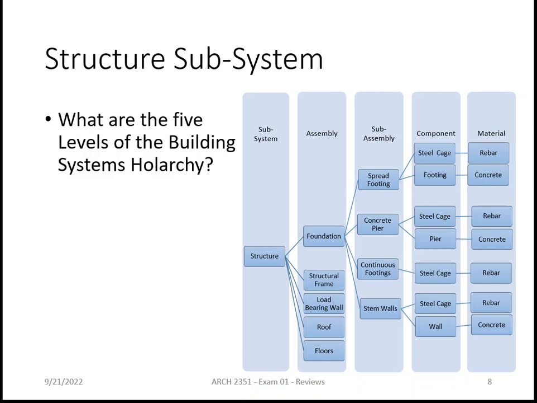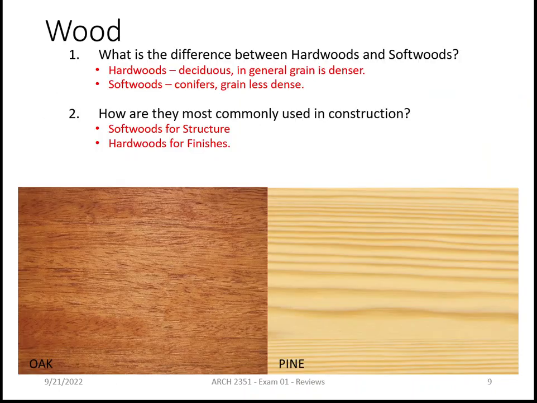Okay, wood. What's the difference between hardwoods and softwoods? Hardwoods are meant for furniture use mostly. Softwoods are going to be used for construction. That is a use difference. What is the difference between them as far as wood?